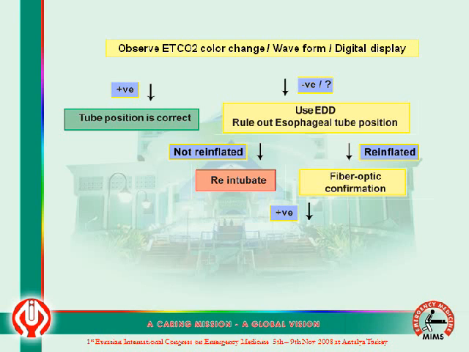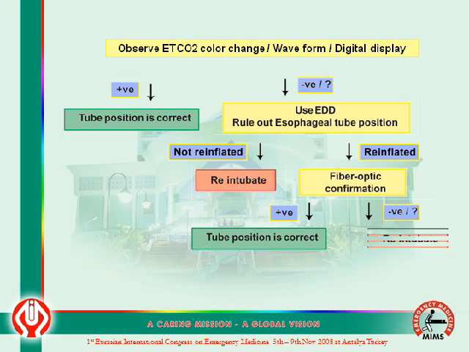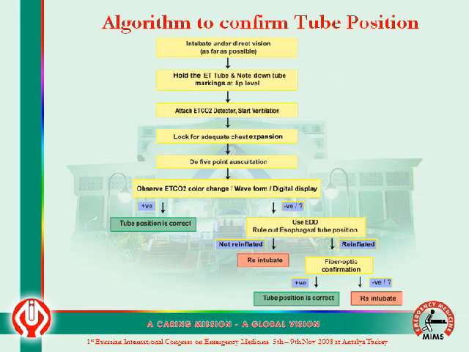If this shows the tracheal rings and carina, that means the tube is in the correct position. If this is also negative, that means the tube is in the wrong place. Take it out and re-intubate. This is the complete algorithm for confirmation of tube position.